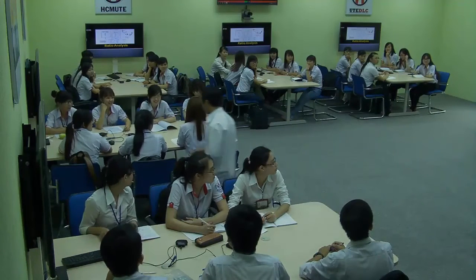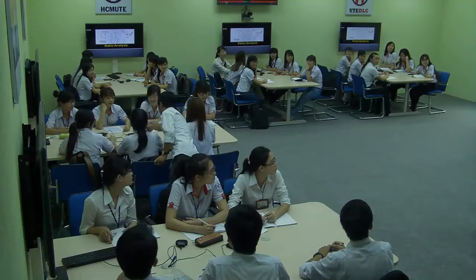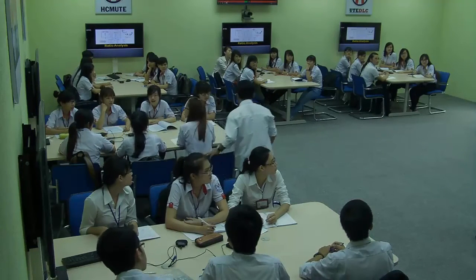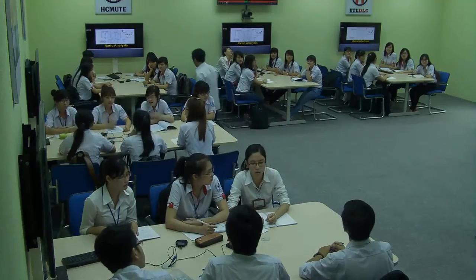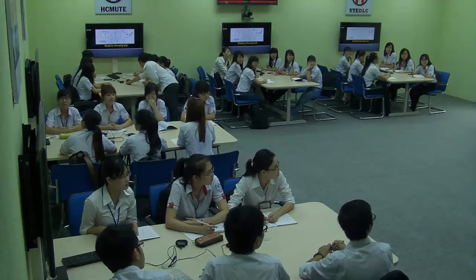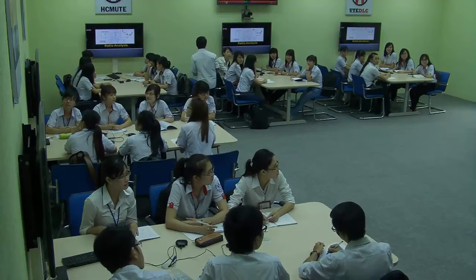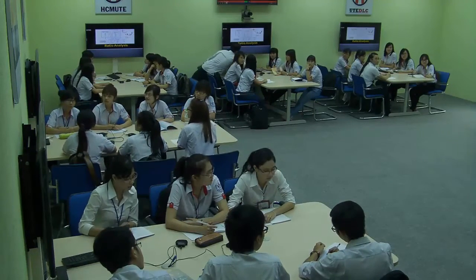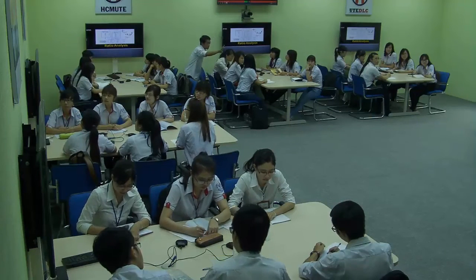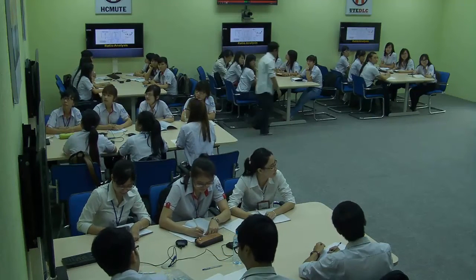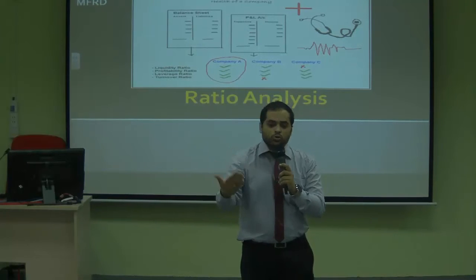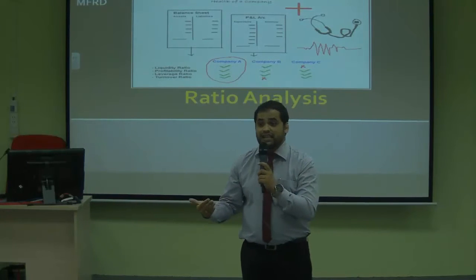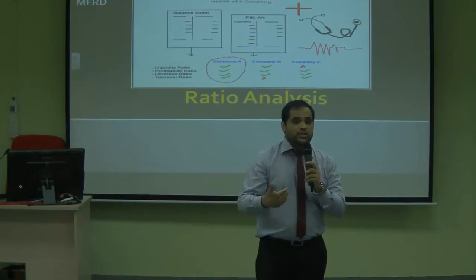Financial statement is a report of a company's financial information. It provides financial information to whom? To the users of the company. Who are the users? Users are the people who use the company's financial statement for decision making.